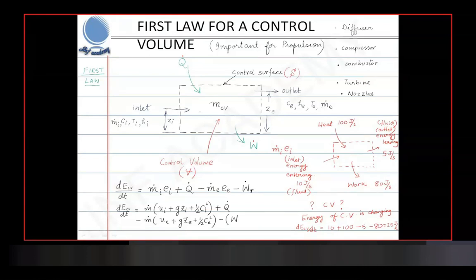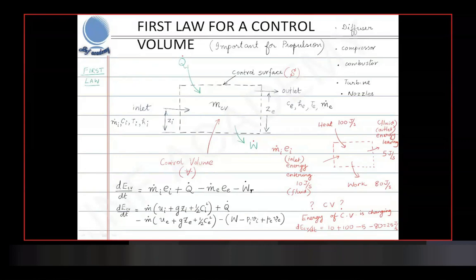And from fluid mechanics, you would have learned this as minus Pi into Vi, where Vi is the specific volume, plus the control surface is pushing the fluid outside, so it's actually doing work on the surroundings. So this term will be a plus Pe Ve.